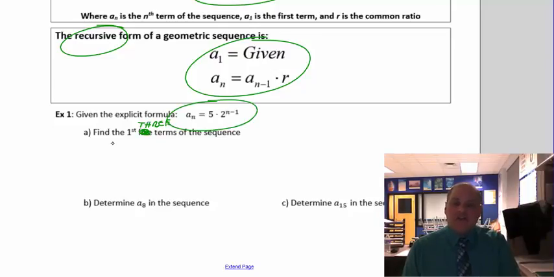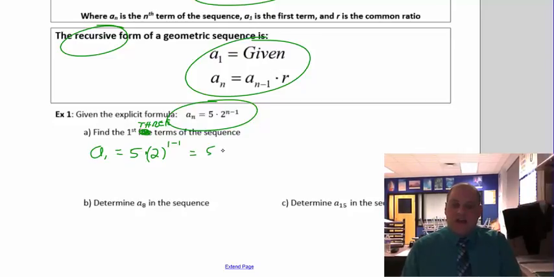Here is our definition. This is an explicit definition. So if they want the first 3 terms, they're going to plug in 1, plug in 2, plug in 3. So plug in 1, A1 equals 5 times, I'm just using the formula, 2 raised to the n minus 1. So it's 1 minus 1. N is 1.